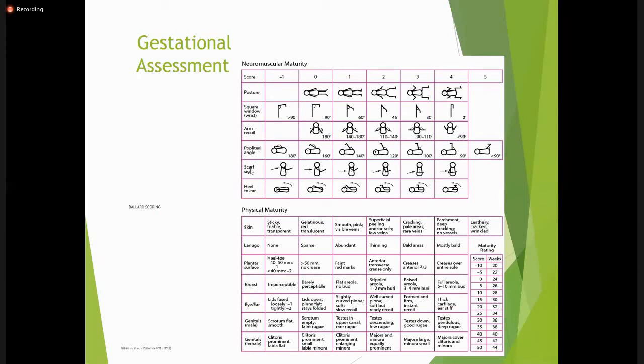Then the scarf sign. These dots show the midline, and this is the arm of the baby. What you have to do is touch the hand of the baby to the opposite ear. Bring the hand of the baby to the opposite ear and see what angle is made at the forearm, and compare it.